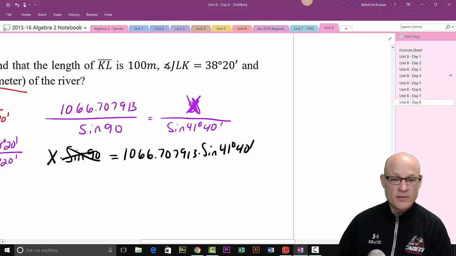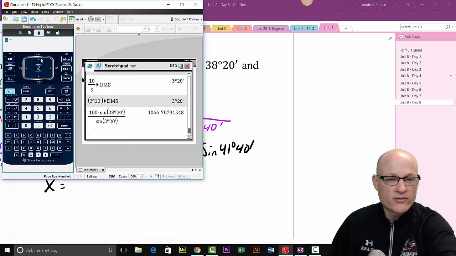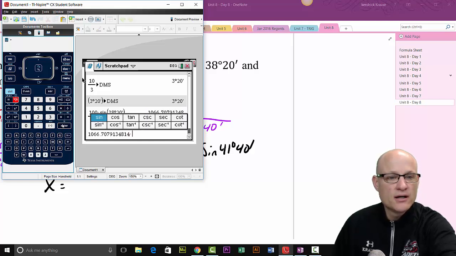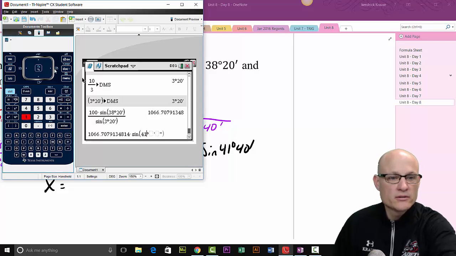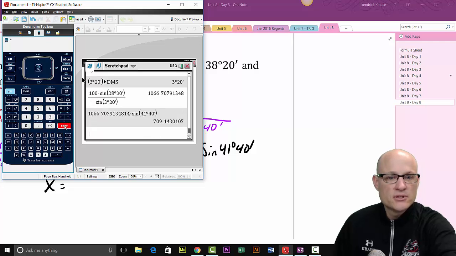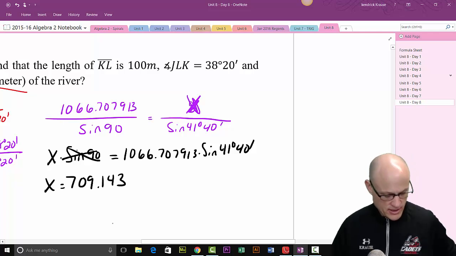So really all I got to do is take this thing and multiply by the sine of 4140. And x equals 709.143. And there's our answer, but that doesn't look right.